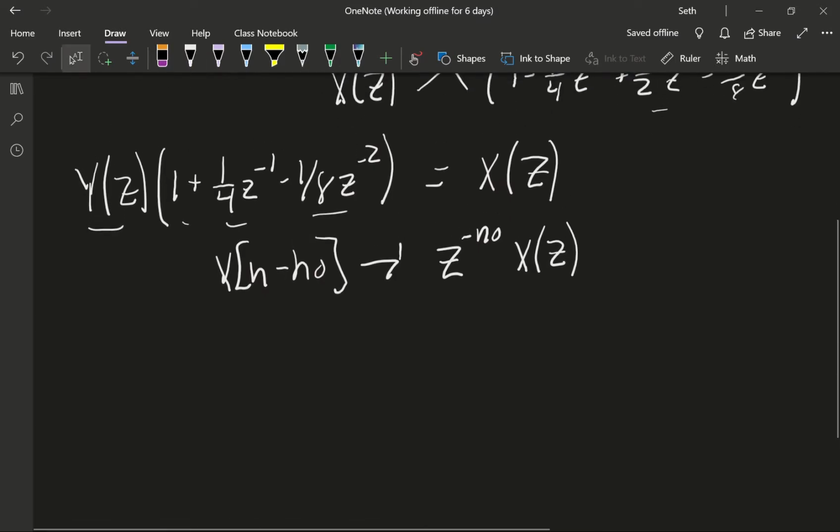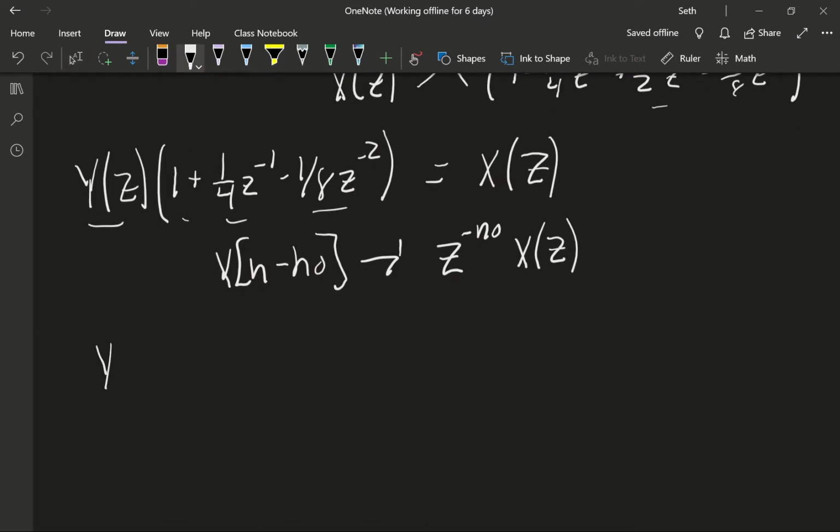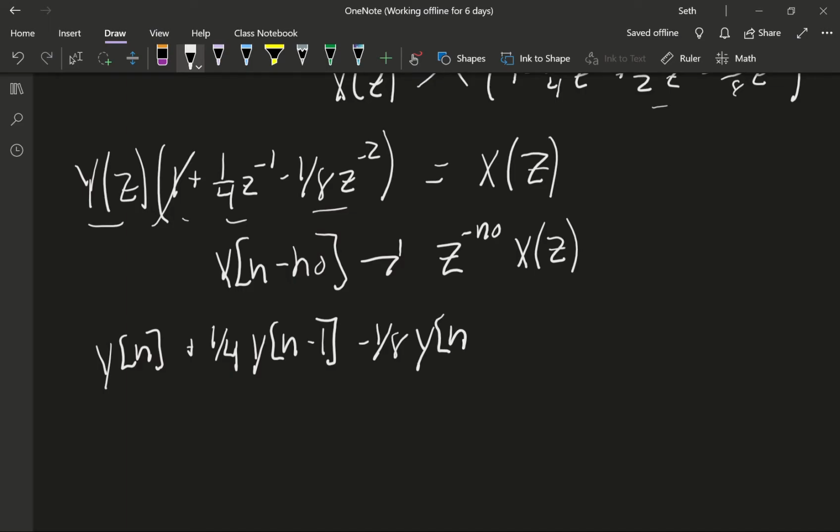So we get y of n, cross this one out, that's taken care of, plus 1/4 y of n minus n naught, in this case n naught is 1, minus 1/8 y of n minus n naught, where n naught is 2, equals x of n.